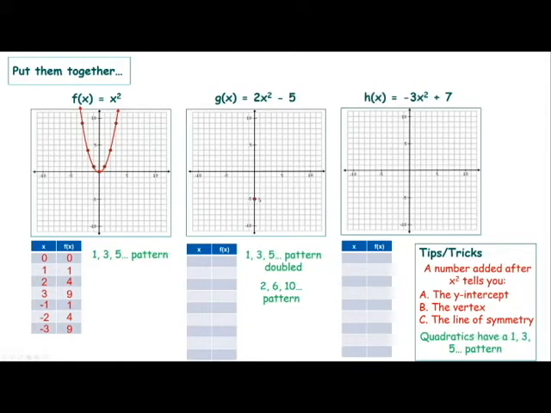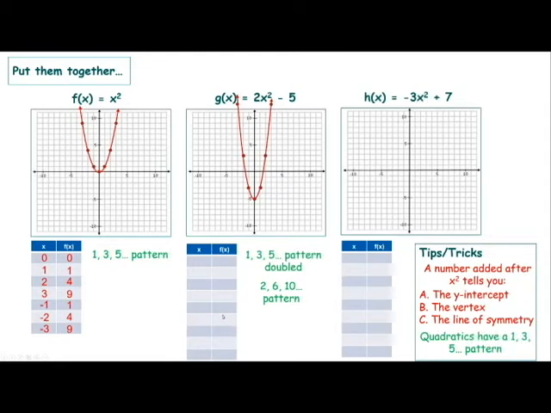So I'm going to come over here, I'm going to go over 1 up 2. Then I'm going to go over 1 up 6. Then I'm going to go over 1 up 10. And since I know this is my line of symmetry, I get the other side of that graph without having to plot anything. Notice, we just graphed a quadratic function without putting any values in our table.